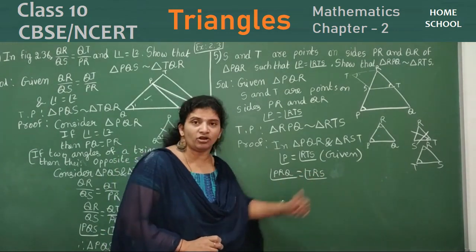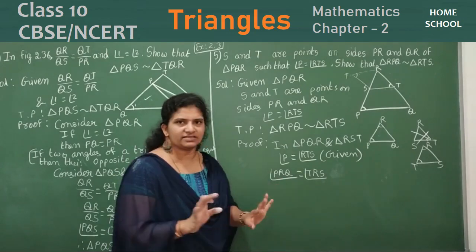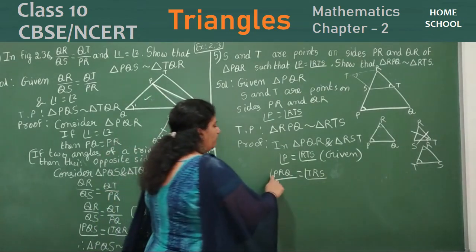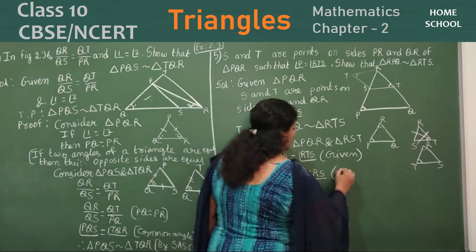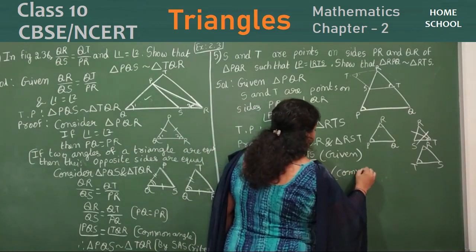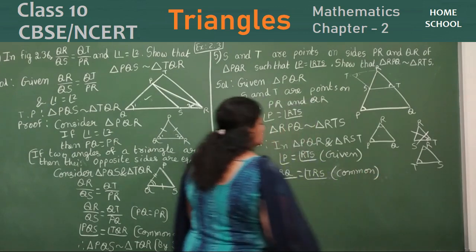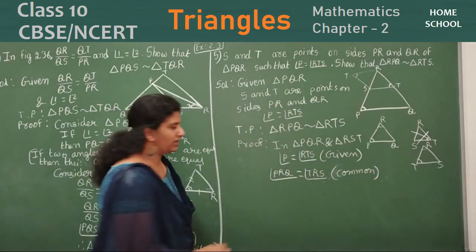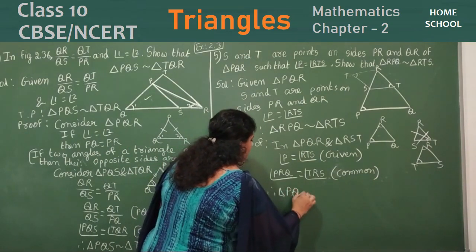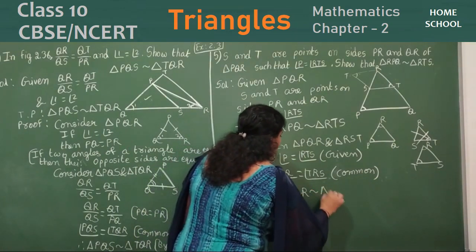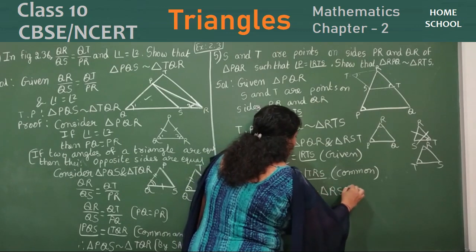Is that correct or not? Check it out. This side, that side, no problem. Angle PRQ is equal to angle TRS. What is the reason? Common angle. So now these two angles are equal. Therefore, what can I say? Therefore, triangle PQR is similar to triangle RST.